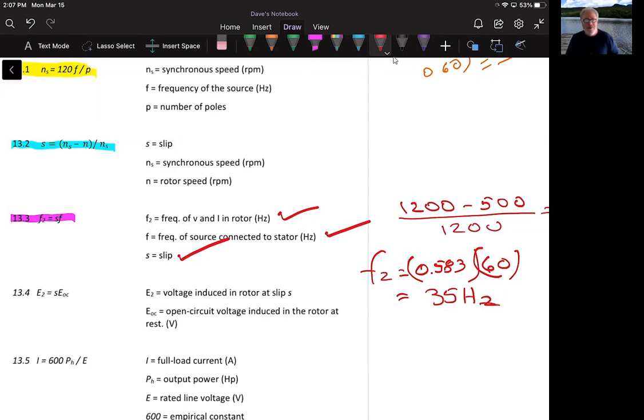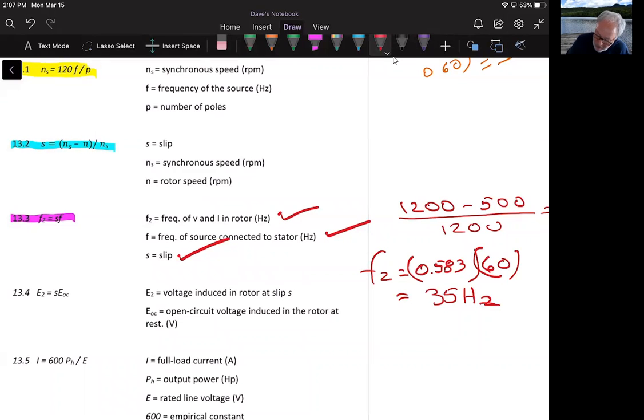The important thing to know there is that the frequency of the voltage and current in the rotor and the frequency of the voltage and current in the stator are going to be different values. Okay. Now, that example 13.3 that I go over in that lecture is a very important problem. Make sure that you understand that.